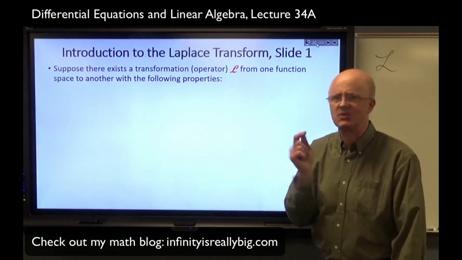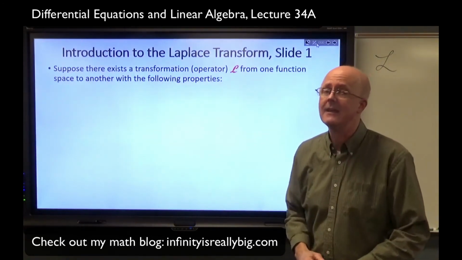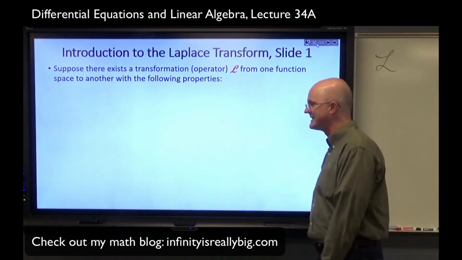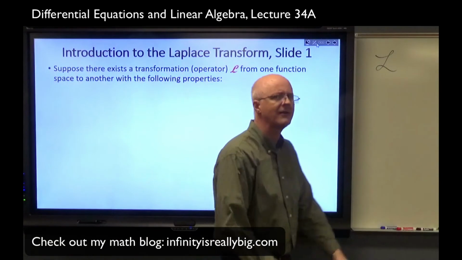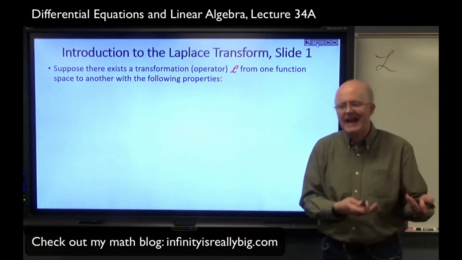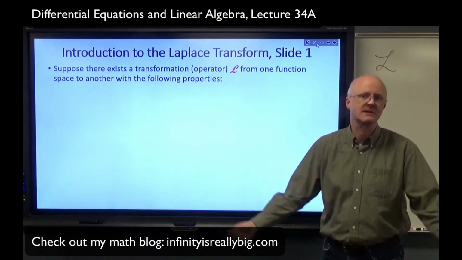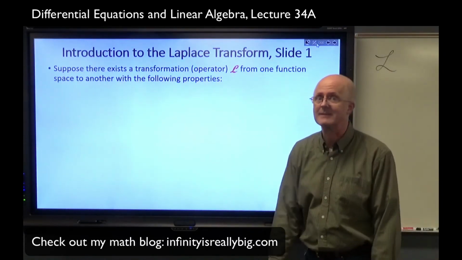The inputs of this transformation are going to be functions of t. The outputs are going to be functions of s. Why t and s? Well, the t is because we usually use t as the independent variable for differential equations. The s is just an arbitrary letter to pick. Somebody picked s. I guess Laplace picked s, and so we're stuck with it.